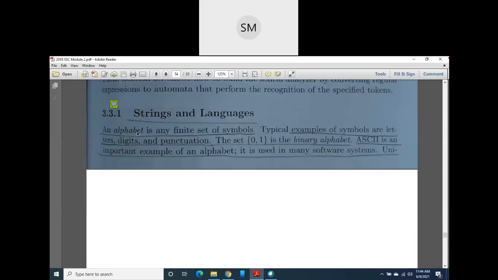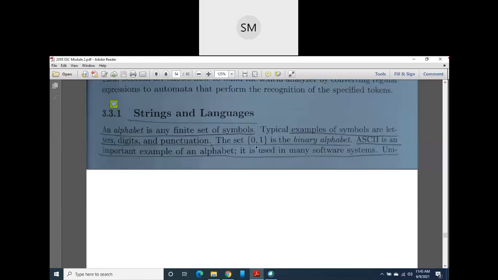What is an alphabet in a language? An alphabet is a set of symbols, like A to Z, capital or small letters. Symbols may be not only alphabets or characters; in addition we have digits. The best examples of symbols are letters, capital A to Z and small a to z, digits 0 to 9, and punctuations like comma, semicolon, underscore and question mark. These are all symbols.